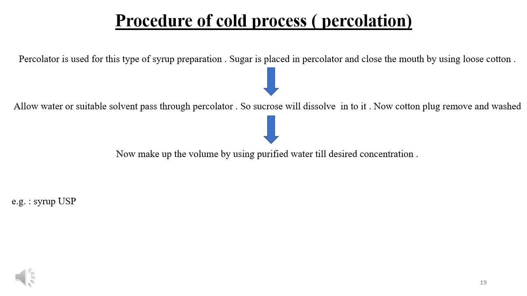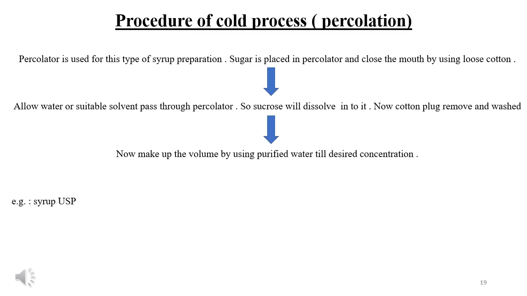Means the percolator is an instrument where sugar is filled, and its mouth is closed using loose cotton. Now water or some other suitable solvent is passed through the percolator, so sucrose will dissolve into it.